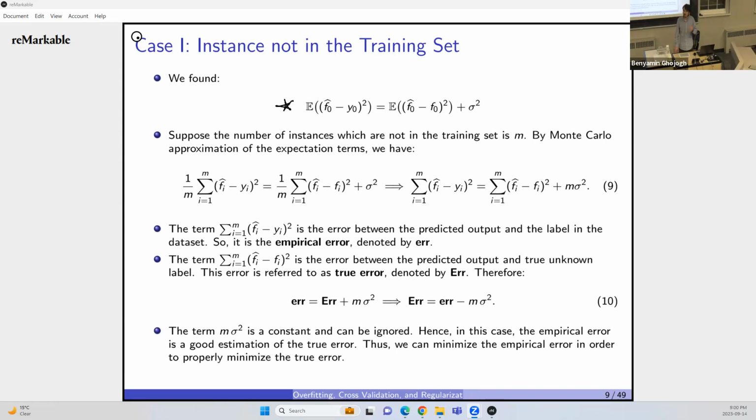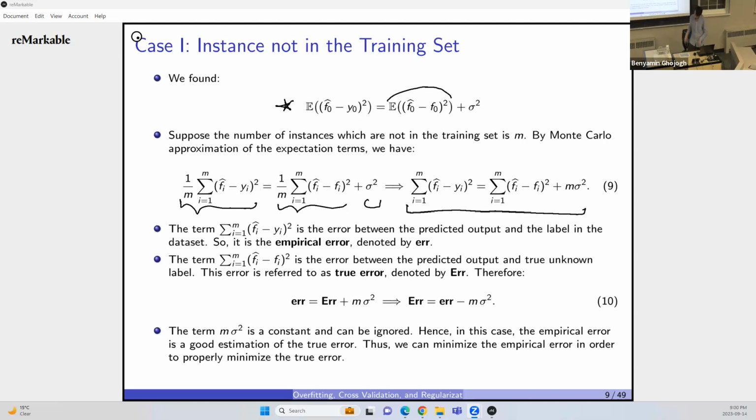I can approximate the expectation as the average. Do you remember Monte Carlo approximation? So I can say 1 over m summation of fi hat minus yi. Now, rather than 0, I have i going from 1 to m, right? So I have m of them. Also, this expectation, I can have the Monte Carlo approximation, right? And then sigma squared, right? Now, I multiply the size by m. So I will get this.